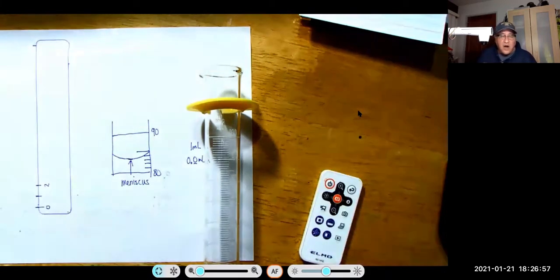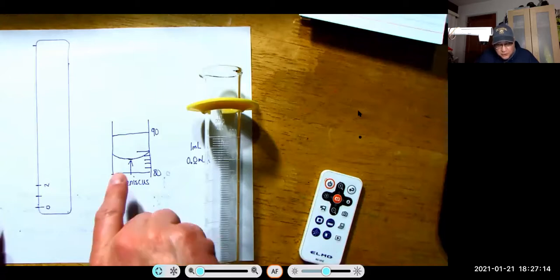The middle of the water is lower because the sides of the water that are close to the glass actually try to climb up the glass. The sides of the water are attracted to the glass, so they climb up it. So you measure to the meniscus.